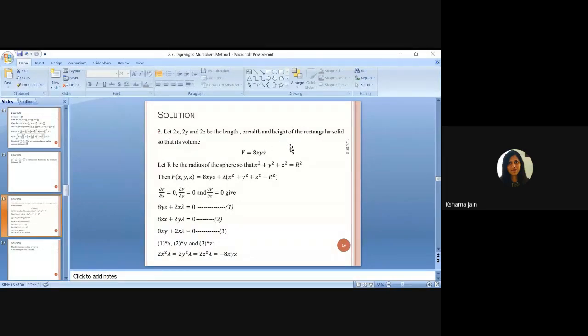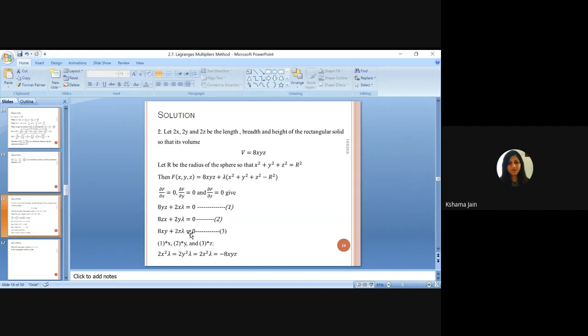Okay. And sphere is x square plus y square plus z square. They are telling us to find the maximum volume of a solid which can be inscribed in a sphere. Make the complete function of which we need to find the maximum or minimum: xyz plus lambda times the given condition.